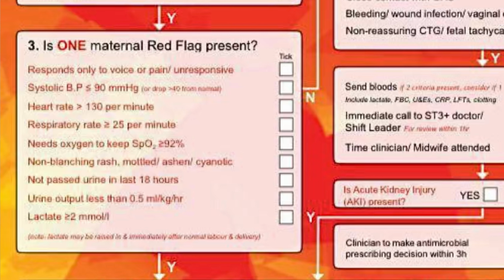You move along. When you did your maternal observation, was the systolic blood pressure, that is the upper number, less than 90 millimeters of mercury? Yes or no? If it's a no, you do not take. If it's a yes, you take. Heart rate more than 130 beats. When you had your maternal observation done, or even when it was done for you, on the MEOWS chart, was the maternal pulse greater than 130?